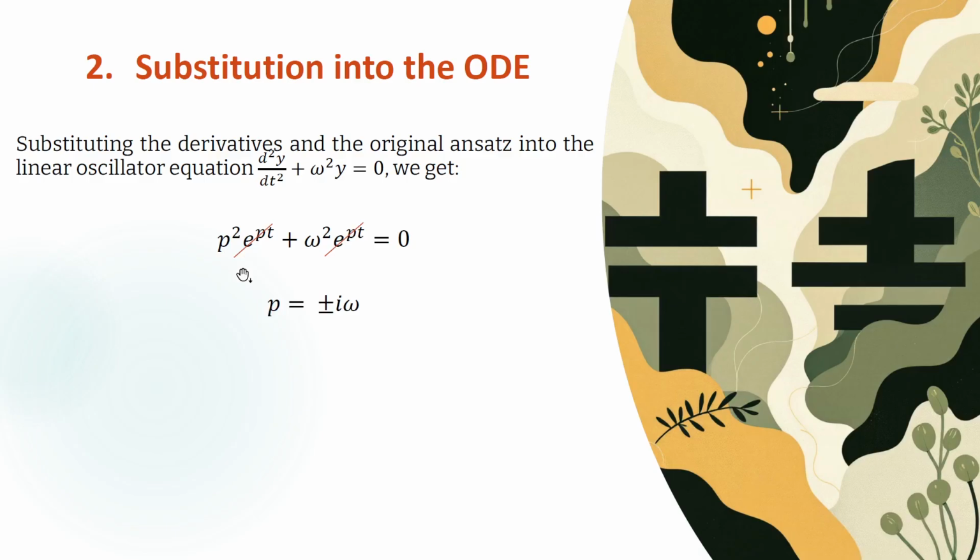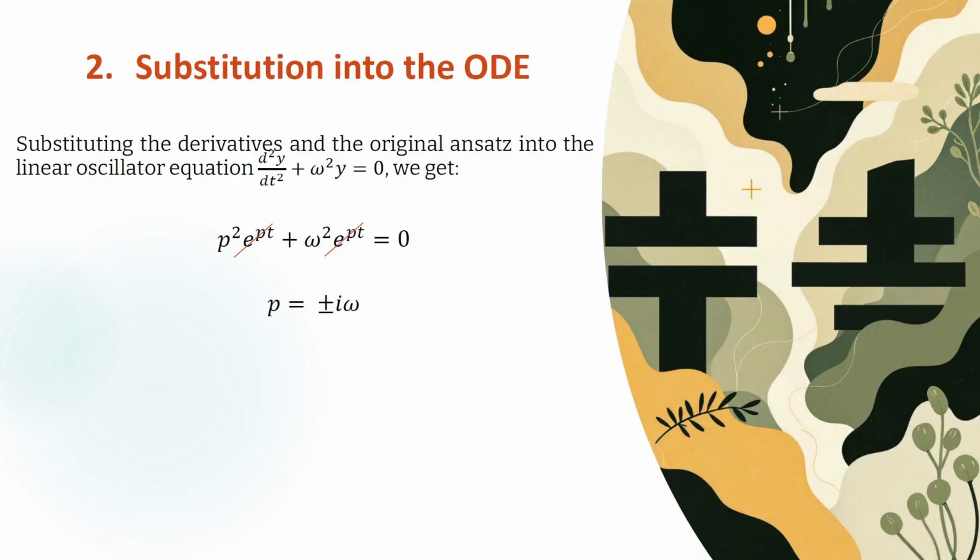Now obviously we have a common term, e to the pt, so we eliminate that by dividing both sides by e to the pt, so that what's left is p squared plus omega squared is equal to 0. By transposing omega squared to the other side and taking the square root, we find that the roots are plus or minus i omega.